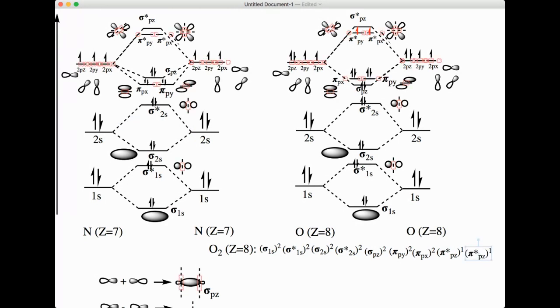Sorry, PY and PX, I apologize. Pi antibonding PX1 and pi antibonding PY1.